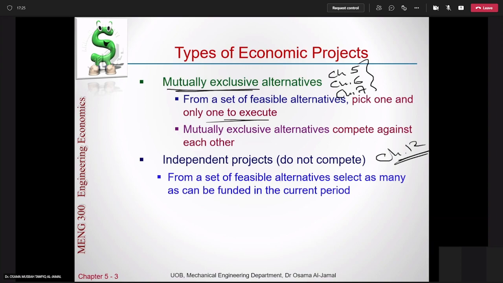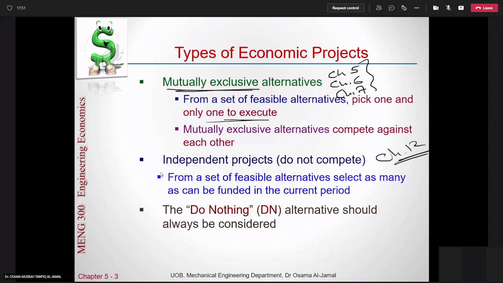But out of those, see how many or how much of those can be bought now with what you have in your pocket of that budget. Those are independent projects. But if all of them exceed the budget, what to do?